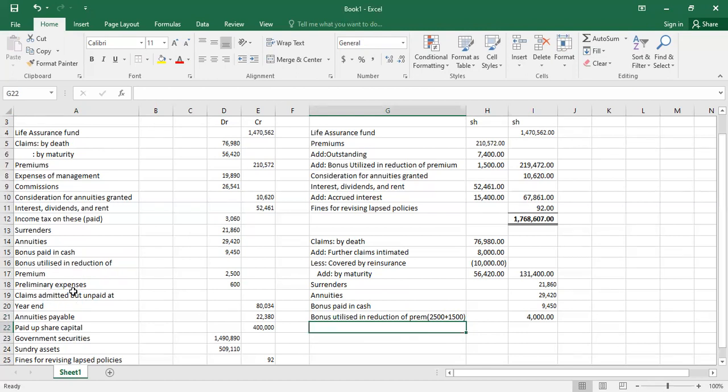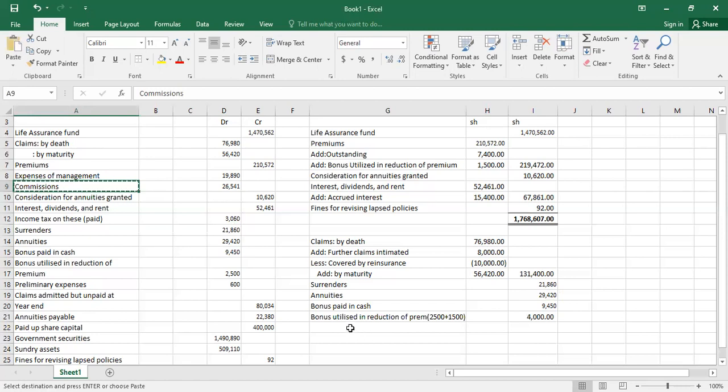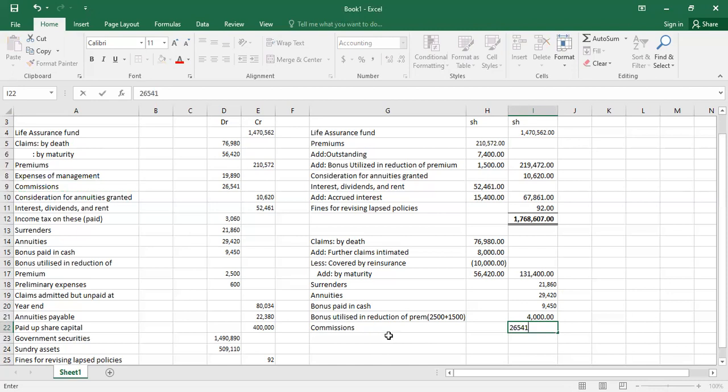And I have expenses. We have commissions of 26,541.